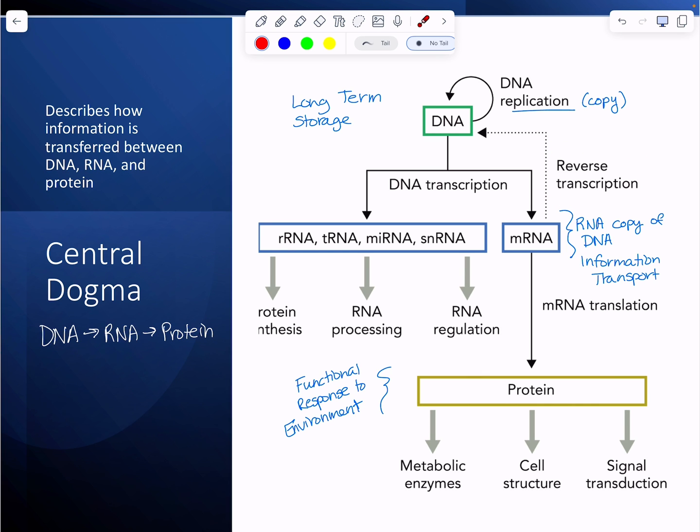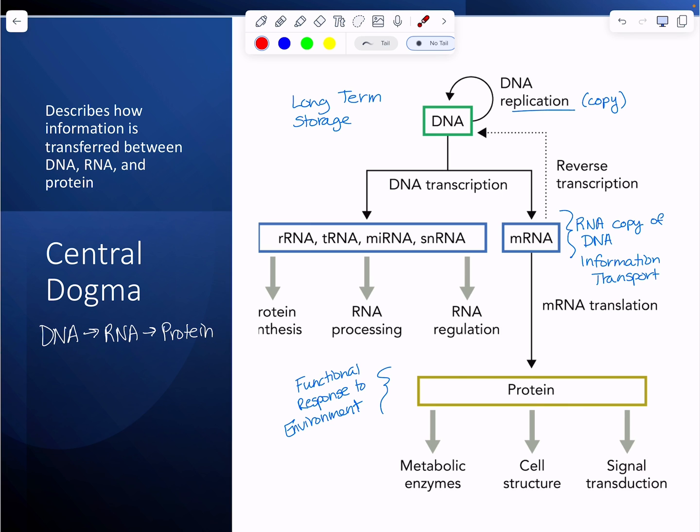For example, the HIV virus has its information stored in RNA form. The SARS-CoV-2 virus is an RNA virus. Some RNA viruses, in order to make copies of themselves, do something called reverse transcription.